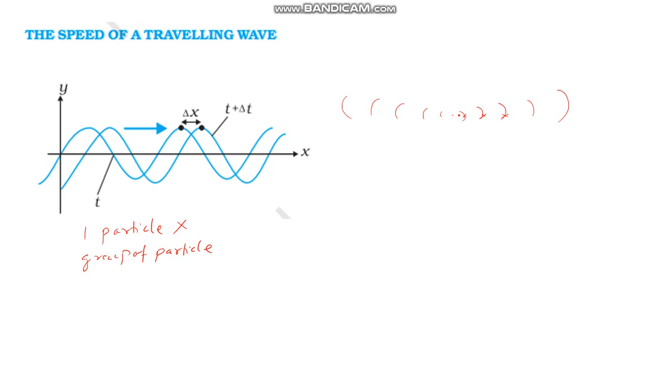And how is the function? It is a sinusoidal function. So the particle at this particular x distance is displacing this much. And what do you mean by a traveling wave? What is a traveling wave? It's a moving wave.